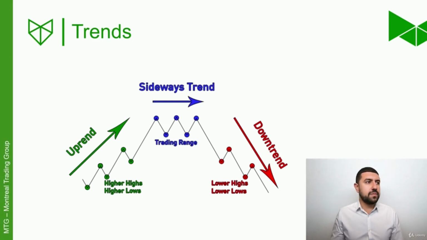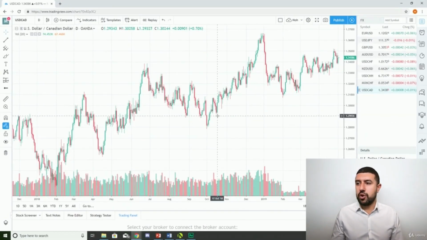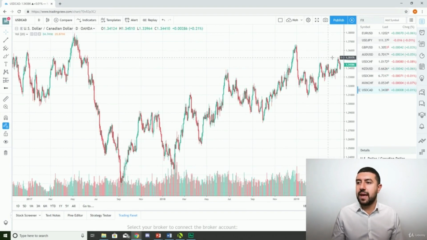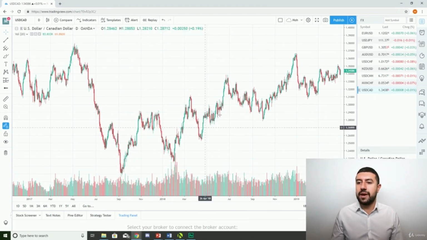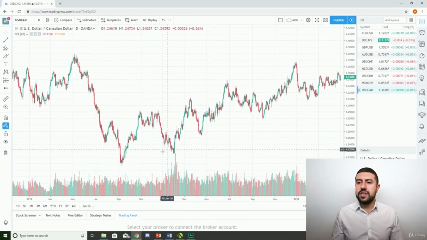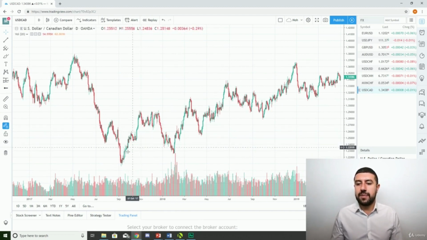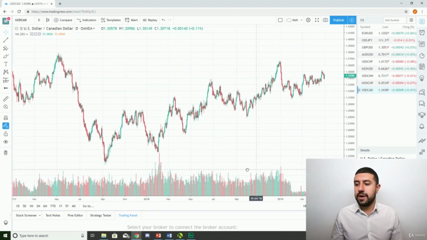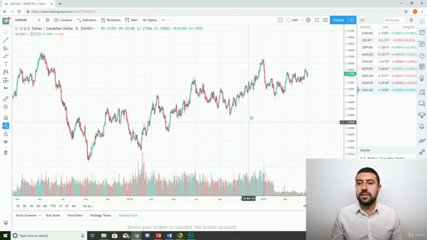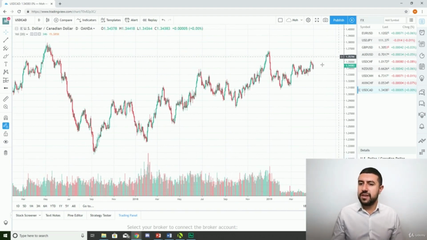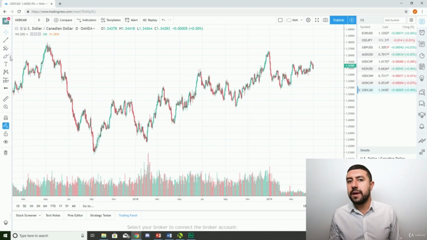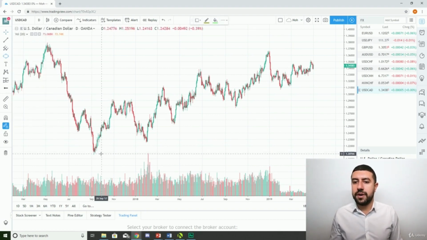So you might have realized or saw earlier that on my USD CAD, I had some lines here. Well, you can see that there's some type of trend since September 2018. Now we're in May 2019, and there's this type of trend here. Let's just look at the lows.